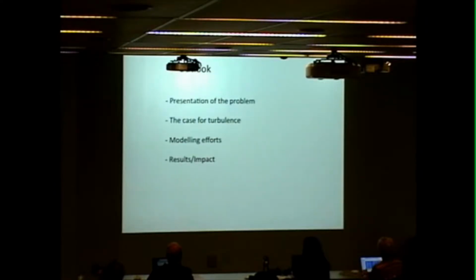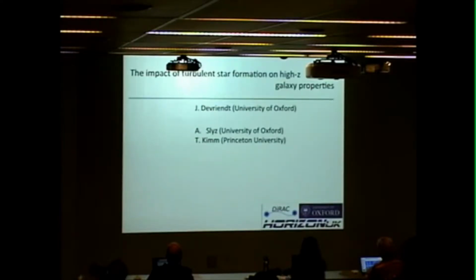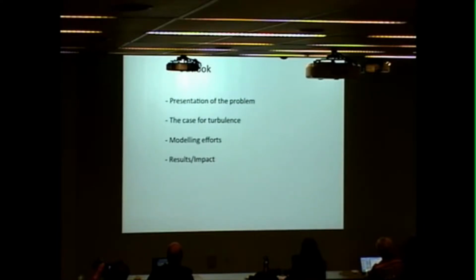All right. So the outlook of my talk is, I'm going to talk about the impact of "turbulent" star formation, and turbulent should be in quotes here in this title, and you'll see why in a minute, on high redshift galaxy properties. The outlook is going to be fairly simple. I'm going to present the problem.